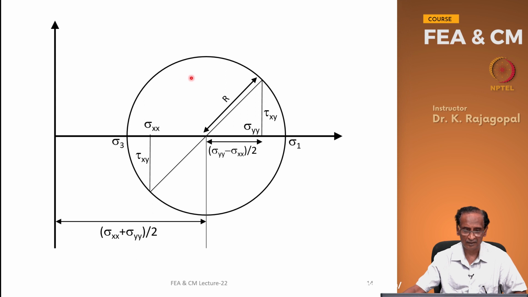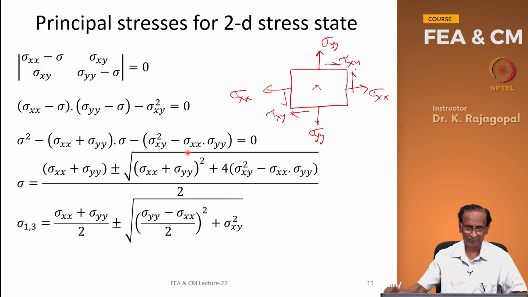And if you draw a circle, we get your major principal stress sigma 1 here, and sigma 3 is the minor principal stress. Sigma 1 is basically sigma xx plus sigma yy by 2 plus the radius, and sigma 3 is the mean stress minus the radius, and we get the same equation as shown here.